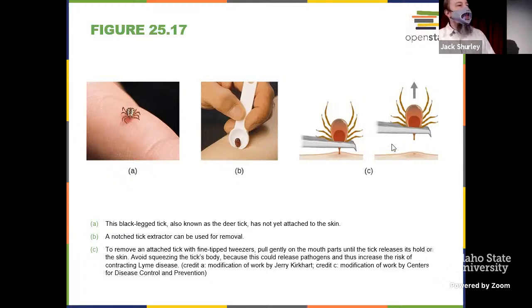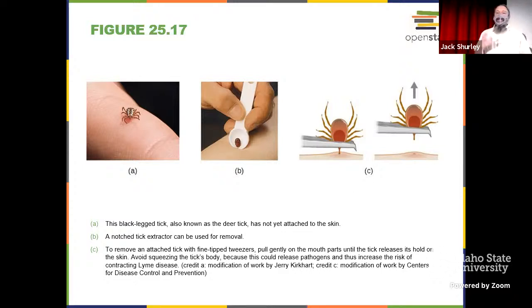There's all sorts of ideas with this: burn it with a match, slather it up with some Vaseline, all sorts of things I have heard. Ultimately, trying to gently remove it is probably your best bet. You want to be cautious.